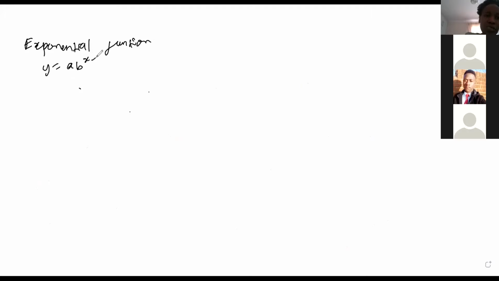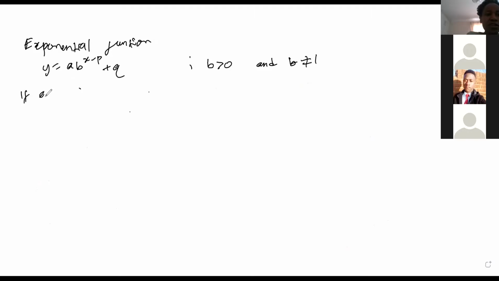Okay, so then the next one is the exponential graph. The general formula for the exponential function is y = ab^(x - p) + q, where b must be greater than 0 and b cannot be equal to 1.